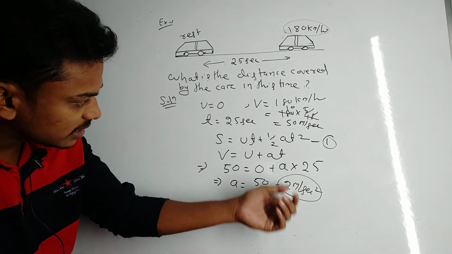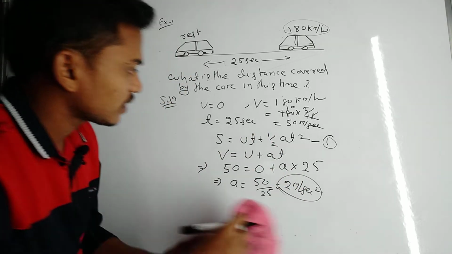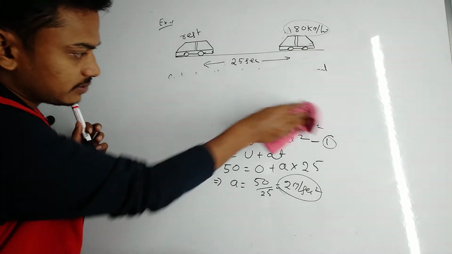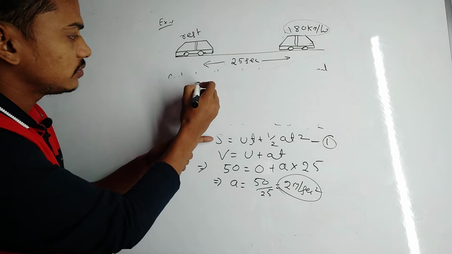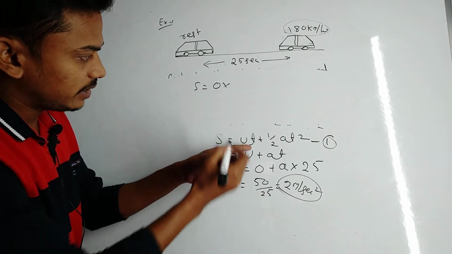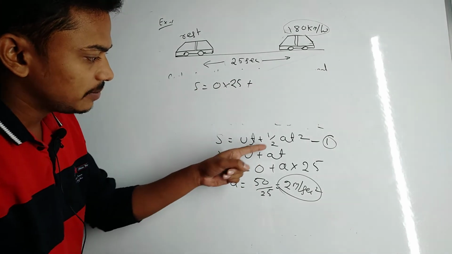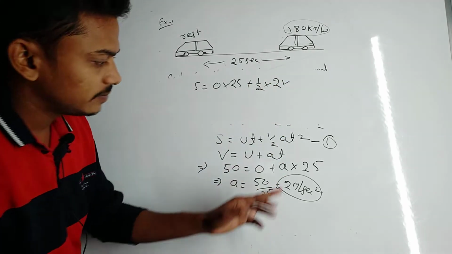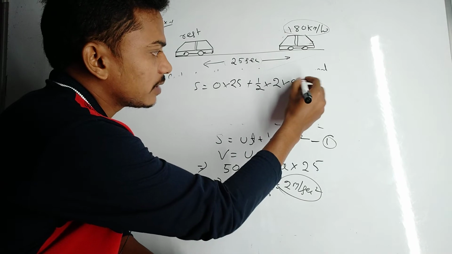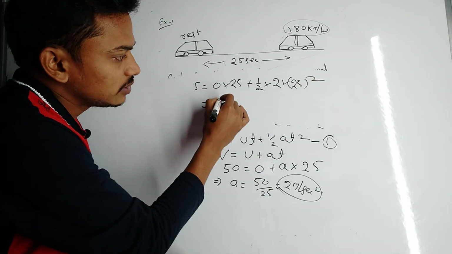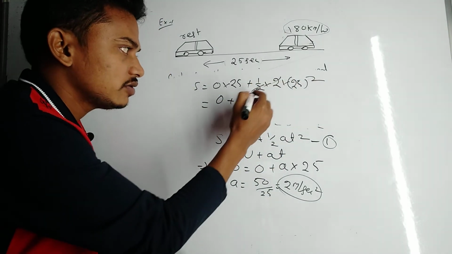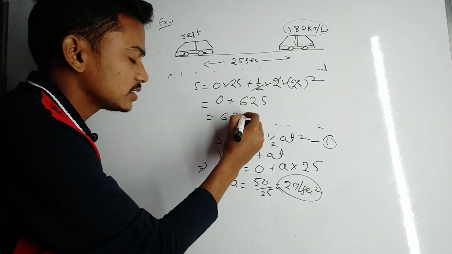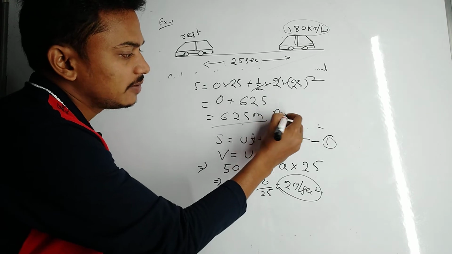Now use this acceleration in equation 2: s equals 0 into 25 plus half into 2 into 25 squared, that is 0 plus 625, equal to 625 meters, and this is the answer.